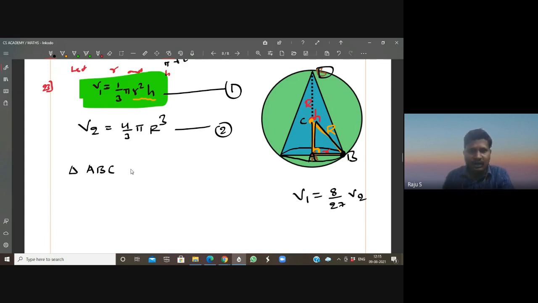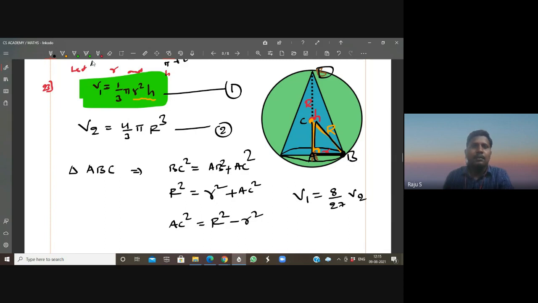This ABC is a right angle triangle. So BC square, hypotenuse square, is equal to AB square plus AC square. BC means the radius of the sphere, capital R square is equal to AB square, AB is small r, the radius of the cone, small r square plus AC square. We don't know the AC value. So AC square is equal to capital R square minus small r square. Remember this, students, AC square.